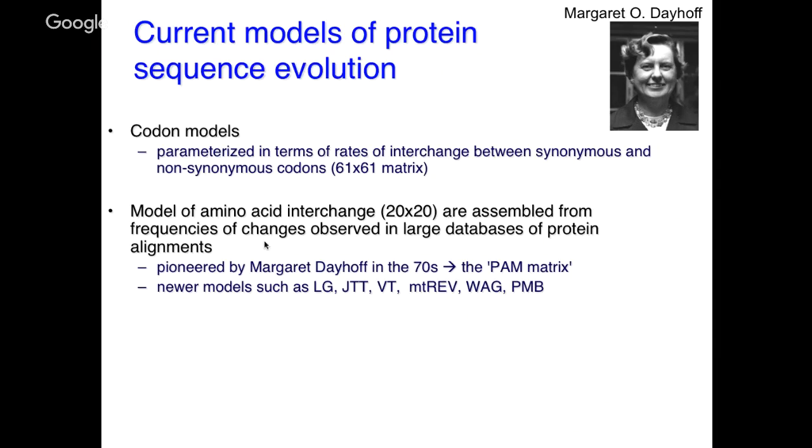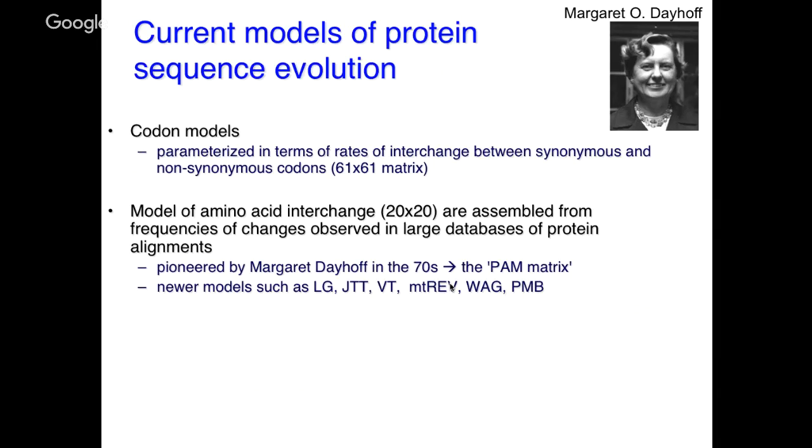The newer models that we've been developing in the last few years, such as LG, JTT, WAG, PMB, and mitochondrial-specific models, are all based on databases of amino acid changes. They're differently estimated in the case of these different models, but they're all once-and-for-all type single-matrix protein models.